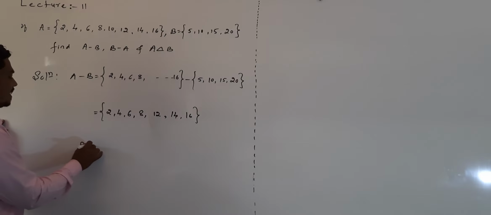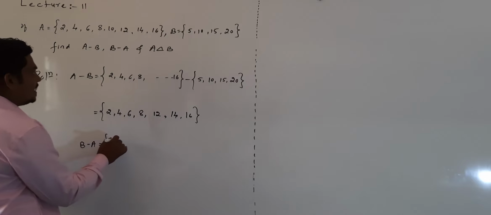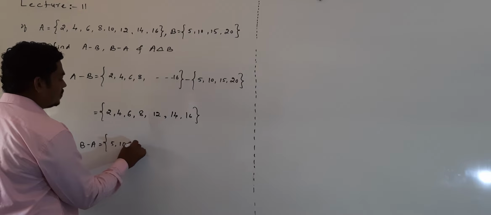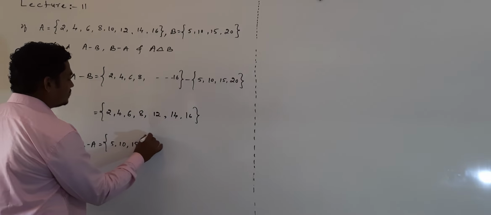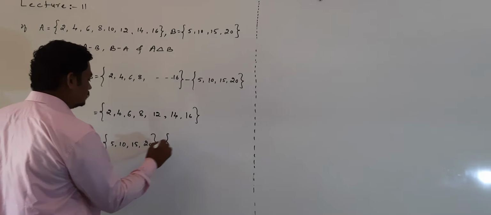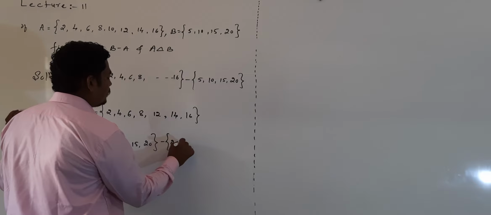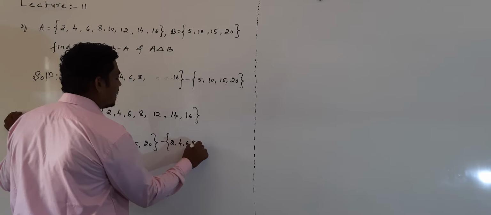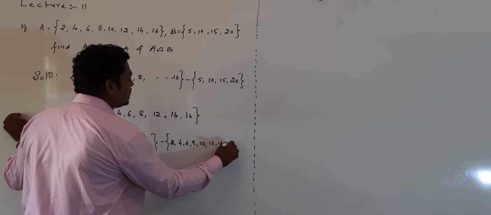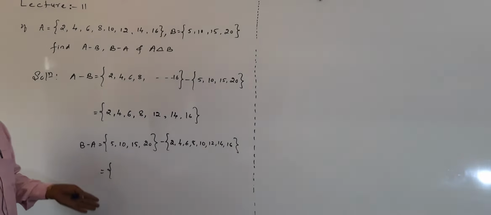After that, B minus A. What is B minus A? 5, 10, 15, 20 minus A. What is A? Set A: 2, 4, 6, 8, 10, 12, 14 and 16. Shall I write 5?